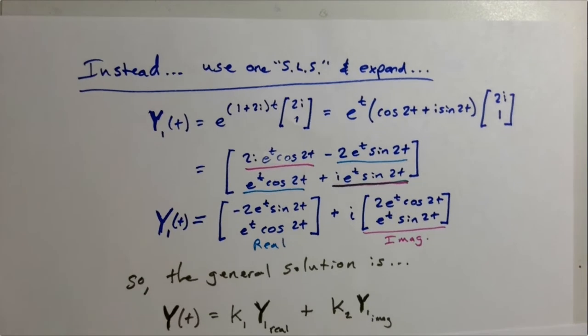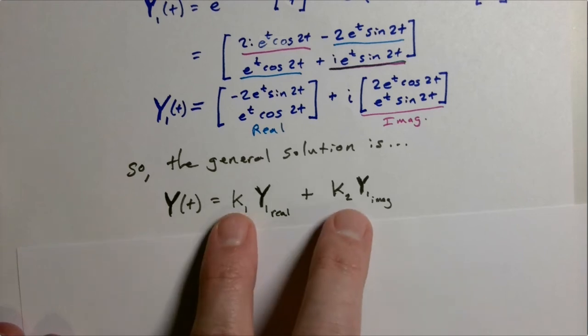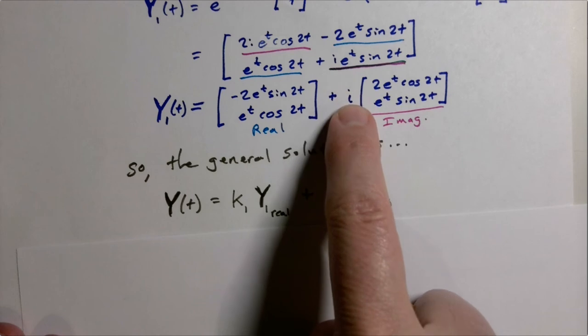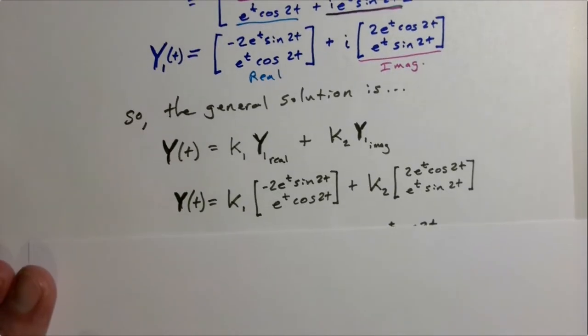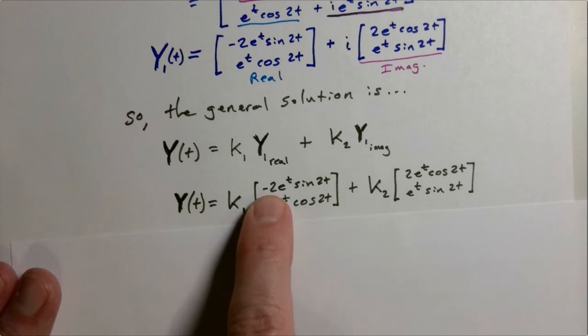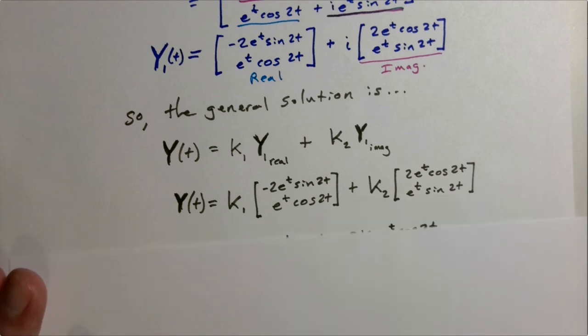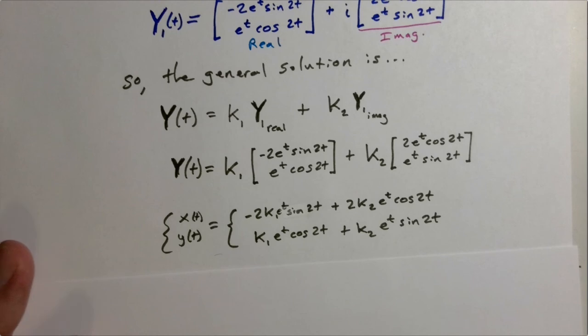And sure enough, if you use that trick and you just throw a constant in front of the real part and a constant in front of the imaginary part, and just imagine that i gets absorbed in that second constant, then you wind up with this, which looks pretty familiar. And sure enough, the top, you notice it's -2 on the top and 1 on the bottom, 2 on the top and 1 on the bottom. And sure enough, that's what my x of t and y of t would be in this situation.